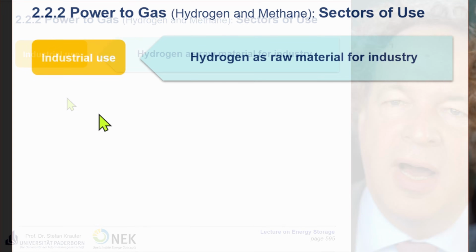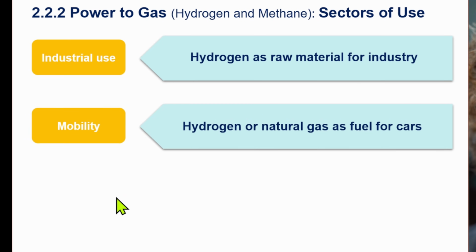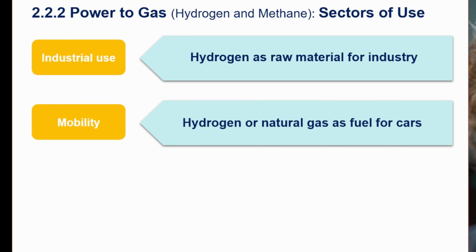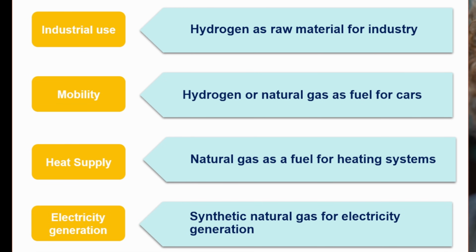As I mentioned, hydrogen is a raw material for the industry. We have mobility, so we can use it with combustion engines, hydrogen motors, or natural gas, or via fuel cell, converted with a much higher efficiency into electricity to drive an electric vehicle. We can use it for heat supply. We can also, as I mentioned, use it for electricity generation.